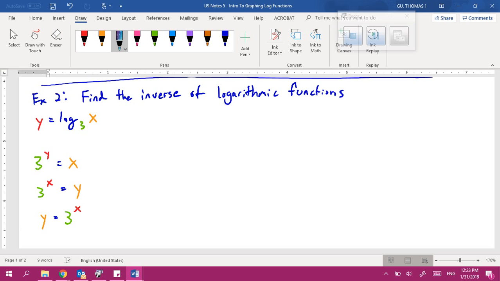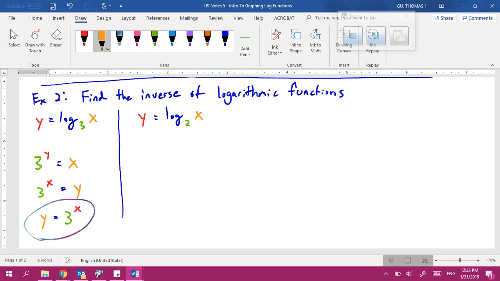All right, so let's do a couple more examples to get the hang of this. What if you had, this is almost the exact same, y equals log base 2 of x. What should I do first? Two raised to the y, right? We're trying to switch it into exponential form, equals x, and then we're trying to make it inverse.